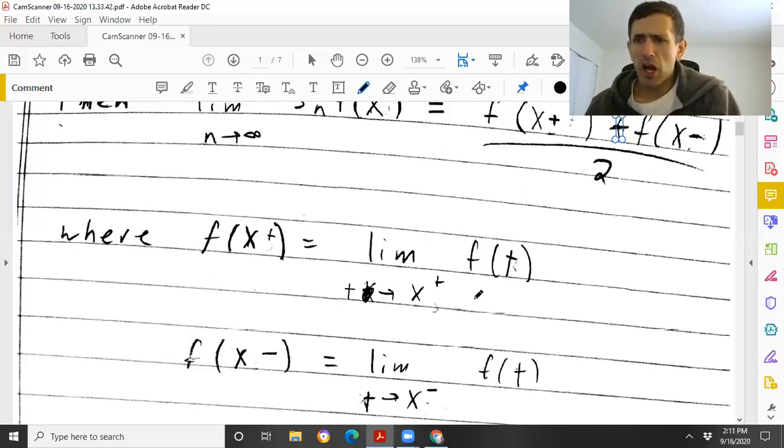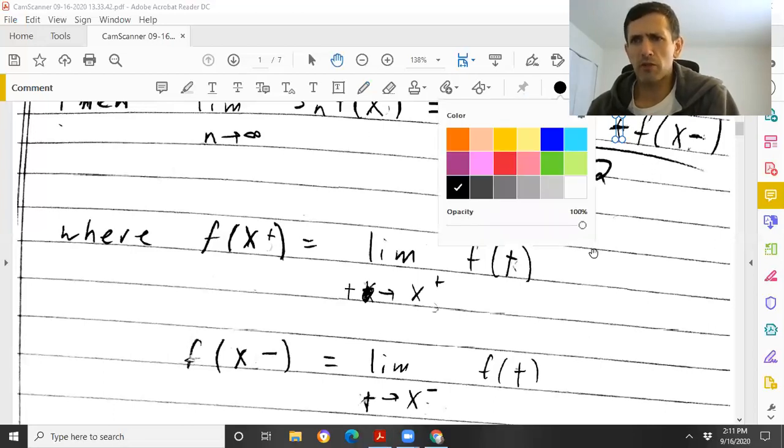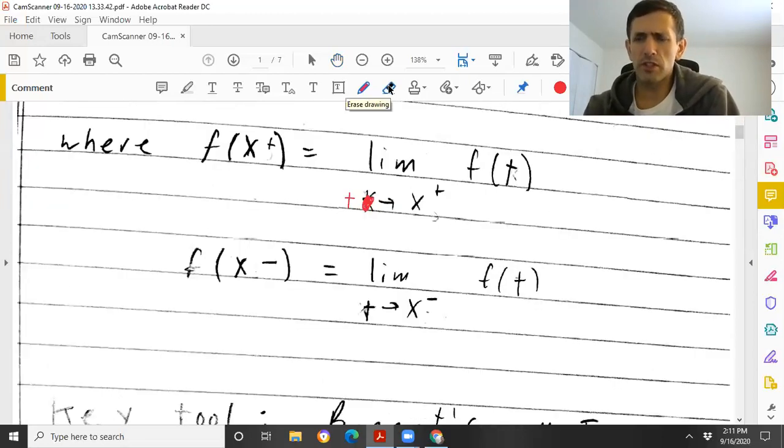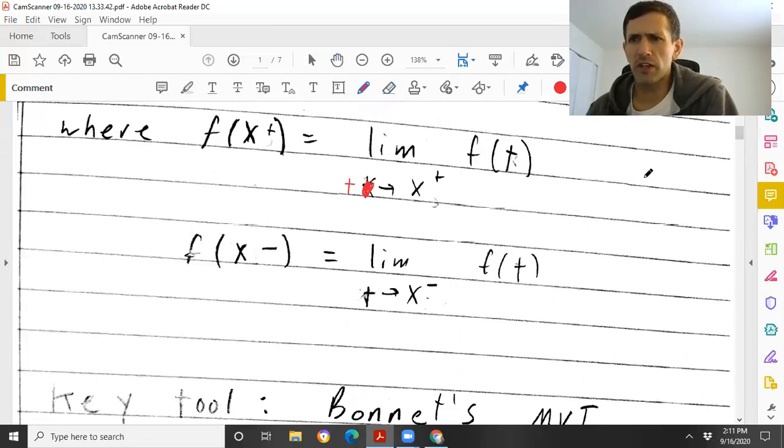Okay, and so you can certainly have situations, and this is probably the most interesting, where, let's see, a good place to draw. I think this is fine. Or let's say here is x, and you have like a jump, like so.